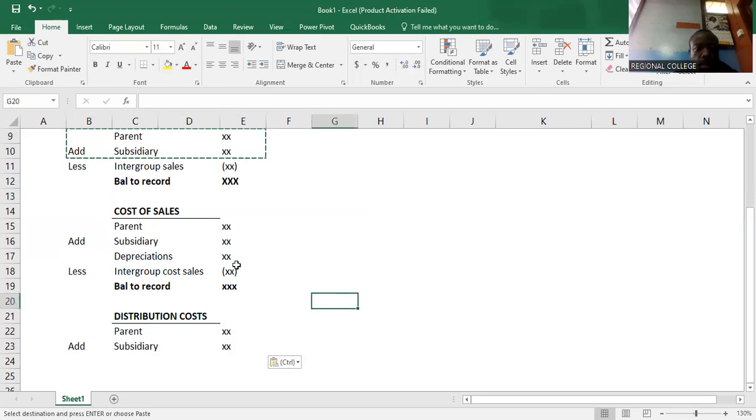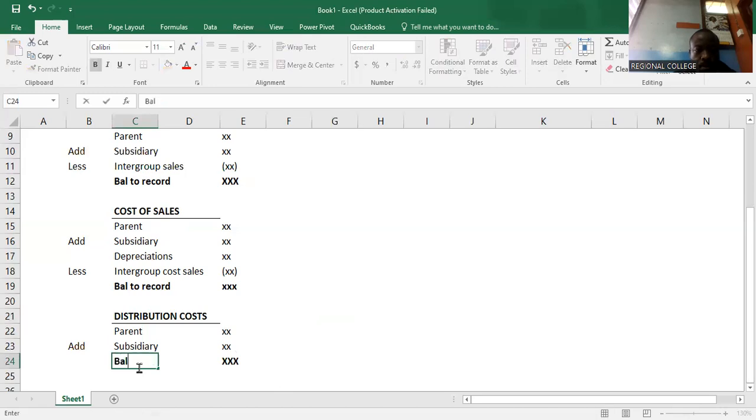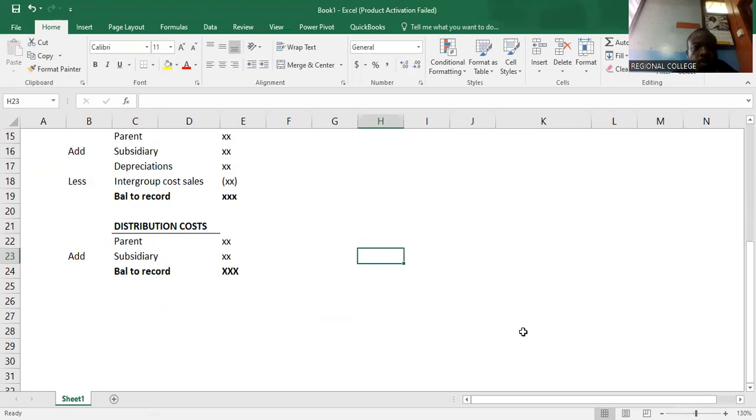There is nothing else you can add, so you just get the balance to record as the total. So that is how you can adjust your distribution cost.